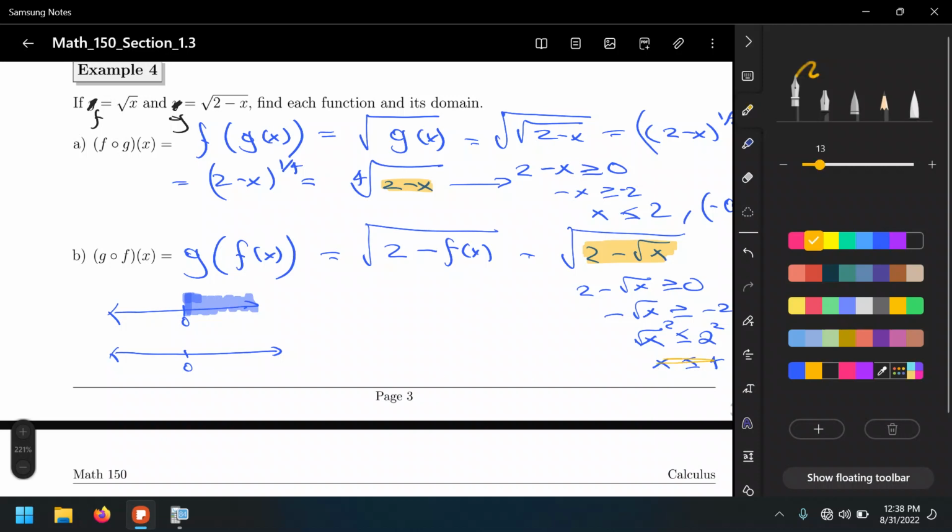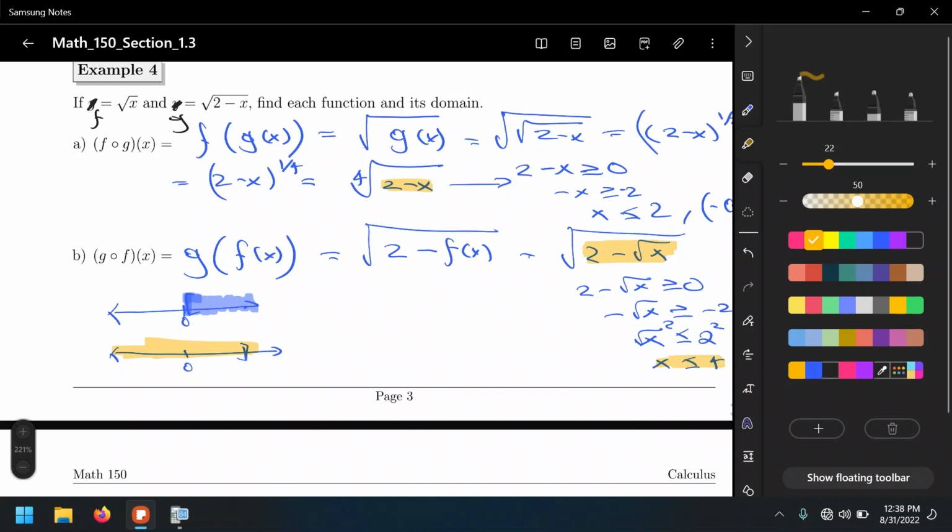If 4 is here, all the numbers below are these numbers, right? Any number below or equal to 4. So what happens when we put these two sets together? Suppose you can do like a sandwich with those two sets and find the intersection.